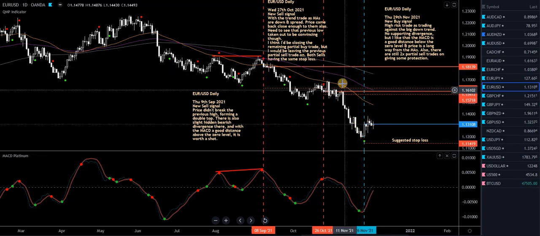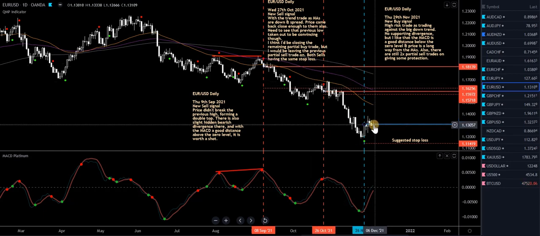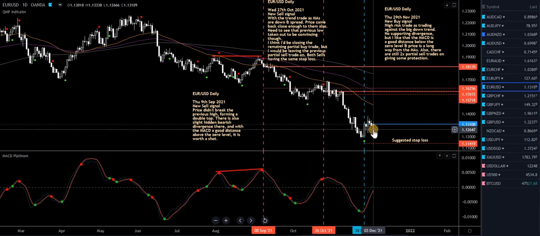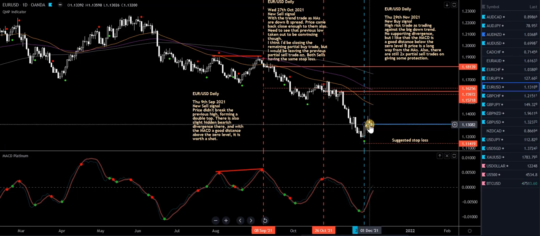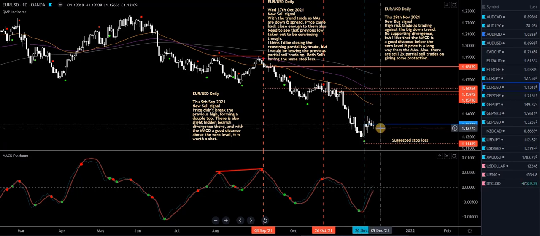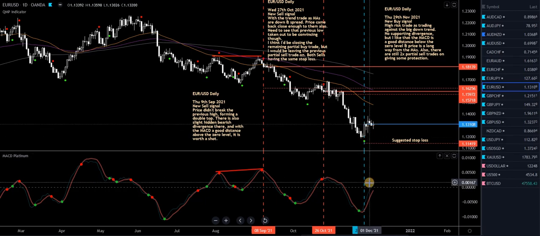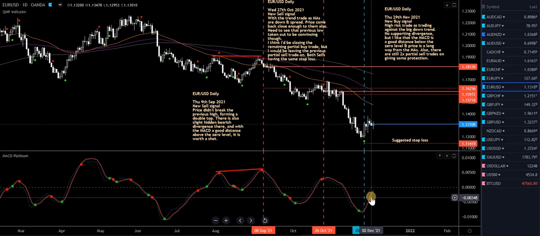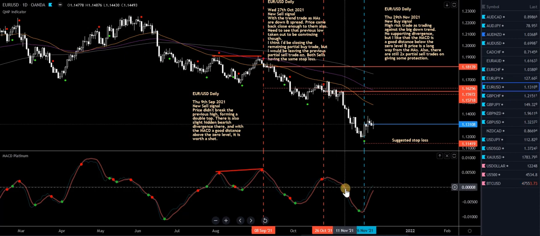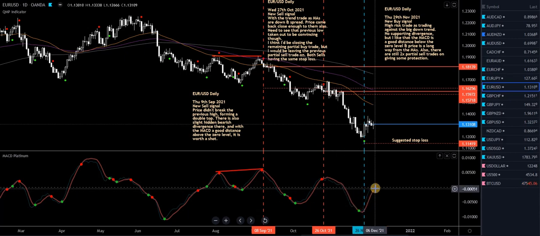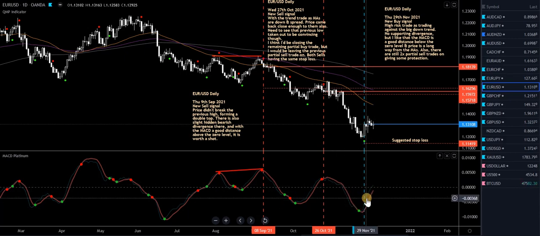If I didn't have these two sell trades on, and this buy was like it is now, on Monday I'd be closing this buy. Just take a break even or a scratch trade, or a couple of pips if you can get it. The reason why you probably can't see it in the video: generally when I'm with the trend, I look at the brown, reddish coloured line through the zero level, but it's hard to see on the video.